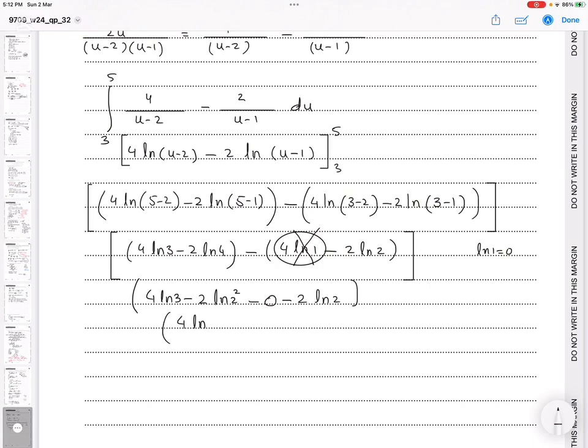For 4 ln 3 minus, that 2 will come down, it makes it 4 ln 2, no need to write 0, minus 2 ln 2.